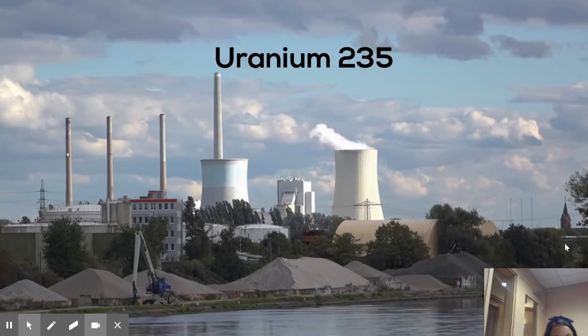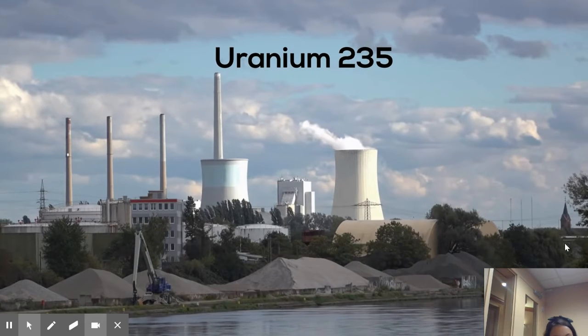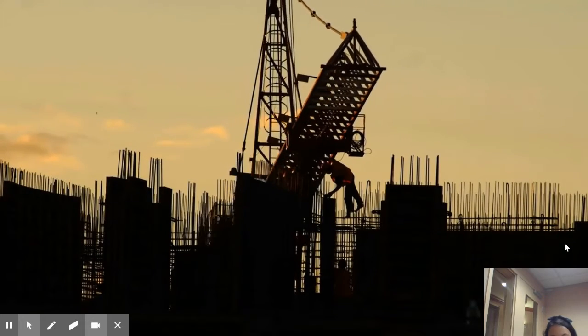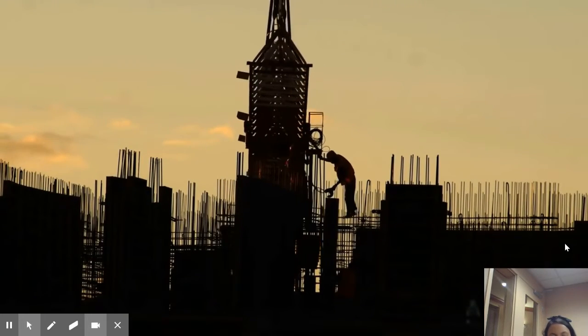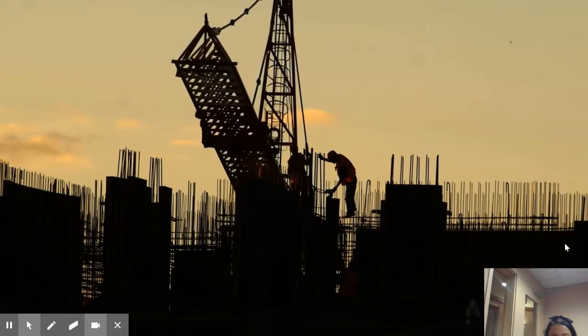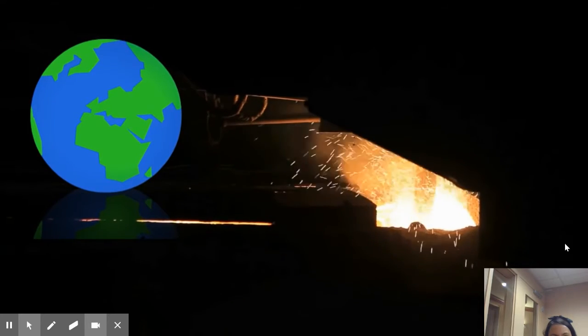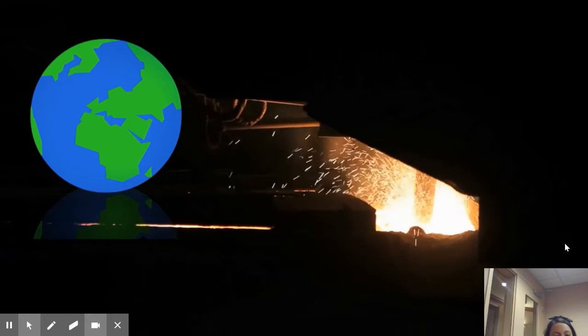Uranium-235, which is used in nuclear power plants, is found in a finite amount. Minerals used for making metals are also non-renewable. For example, steel, which is used in making buildings, is made of iron ore. Iron ore is mined from the earth and is a limited resource.